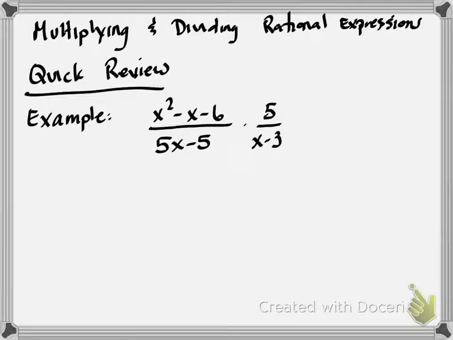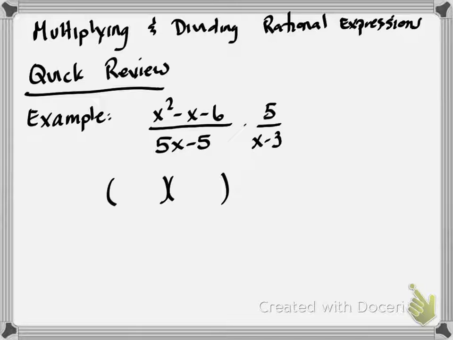But if you remember, we have to factor the top and the bottom of each fraction. Some you can factor, some you can't. So let's start off with this top left one, x squared minus x minus 6.